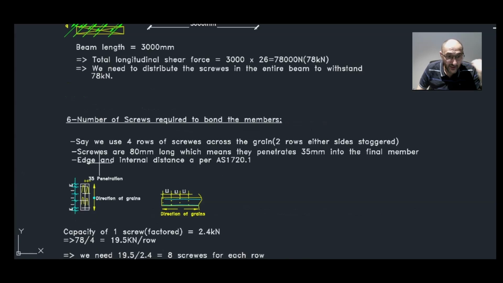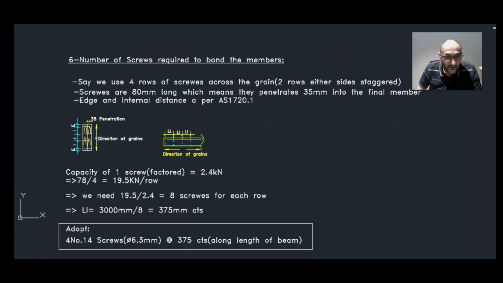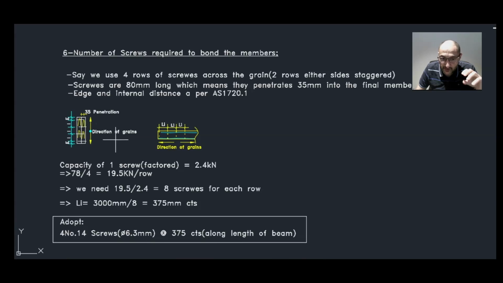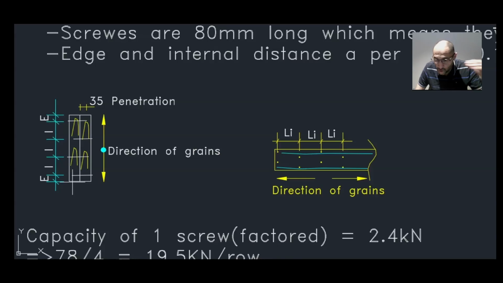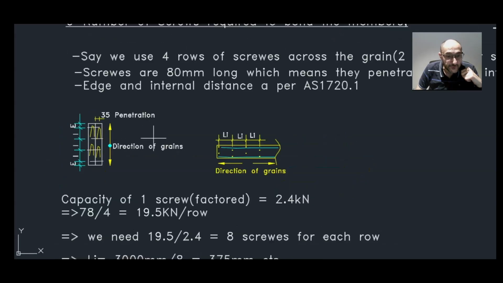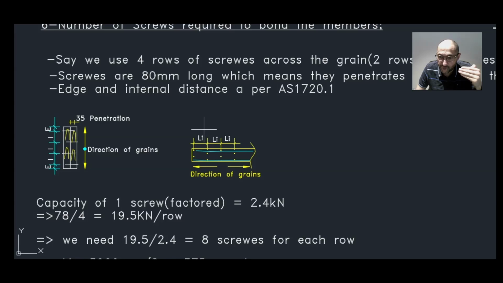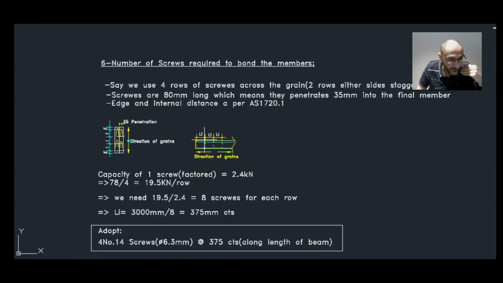Okay, and then the final step, step 6, the number of screws required to bond the members together. Now say we use 4 rows of screws across the grain, so 2 rows either side staggered, and the screws are 80 millimeters long, which means they penetrate 35 millimeters into the final member.